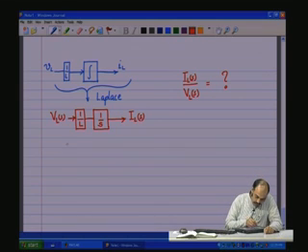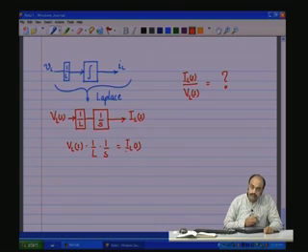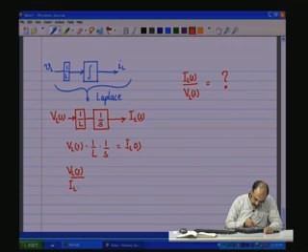So, we know that VL(S) into 1/L into 1/S is equal to IL(S). So, this gives VL(S) by IL(S), which is equal to SL.